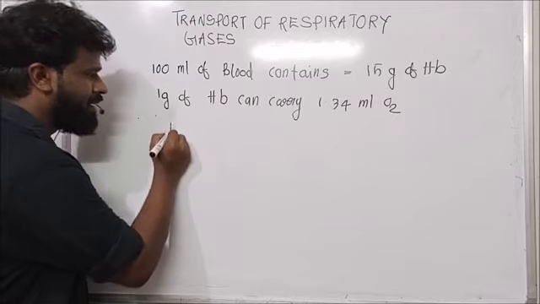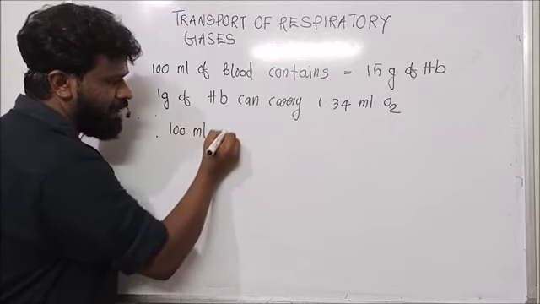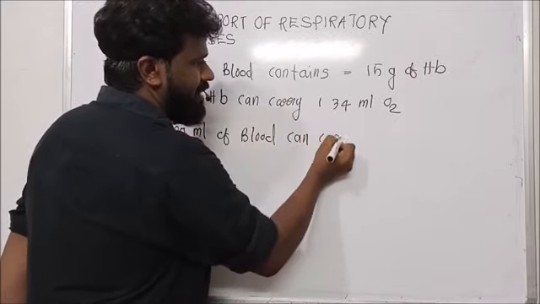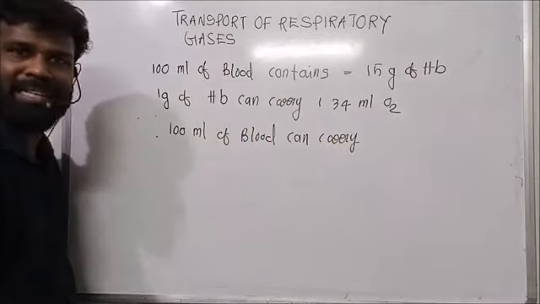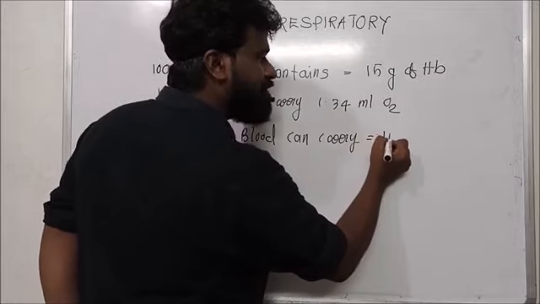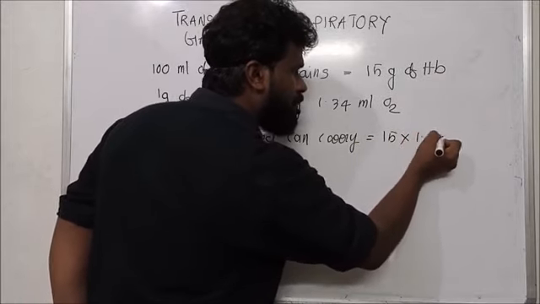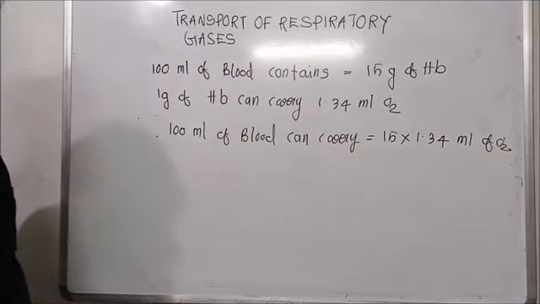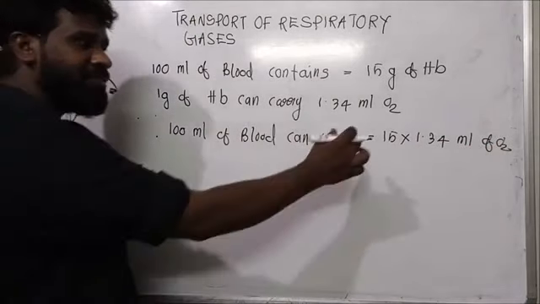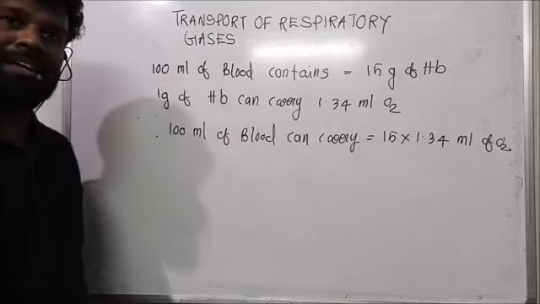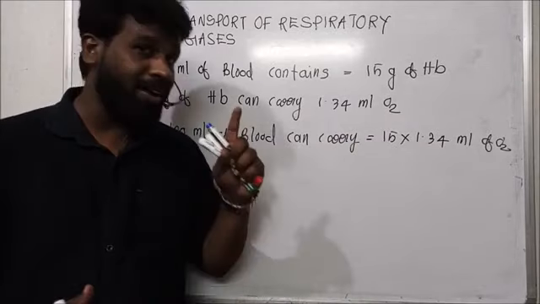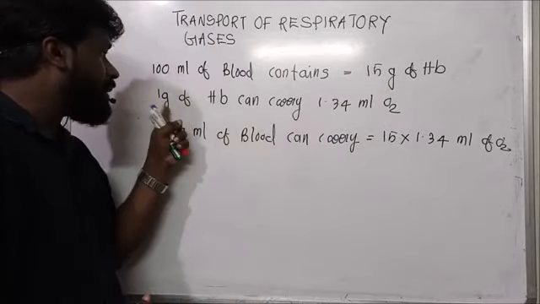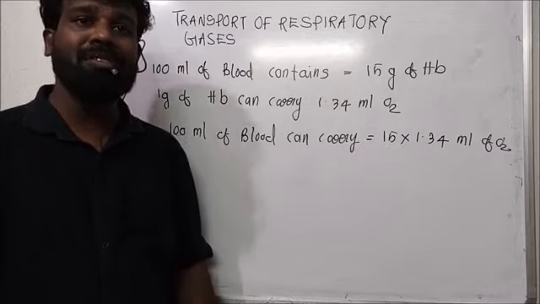Therefore, 100 ml of blood can carry 15 into 1.34 ml of oxygen, because 100 ml of blood contains on an average 15 gram of hemoglobin, and among this 15 gram, 1 gram can carry 1.34 ml of oxygen.